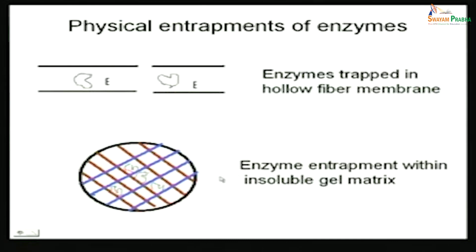And then you can have enzyme entrapment within an insoluble gel matrix. There's no chemical bonding here, and you physically entrap the enzyme, so this is one other possibility. These are just a couple of examples for each type, and if you are interested in a laundry list of the kinds of chemical and physical entrapment that are possible, you can always go back to the book. Bailey and Ollis is a good book to go back to anytime.